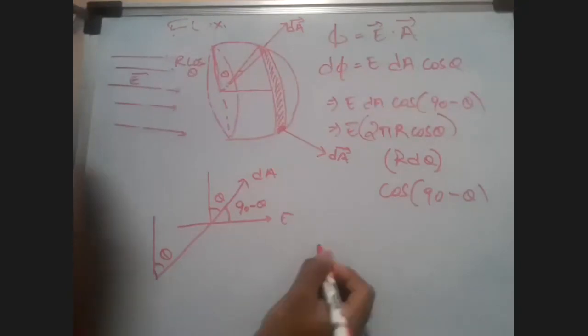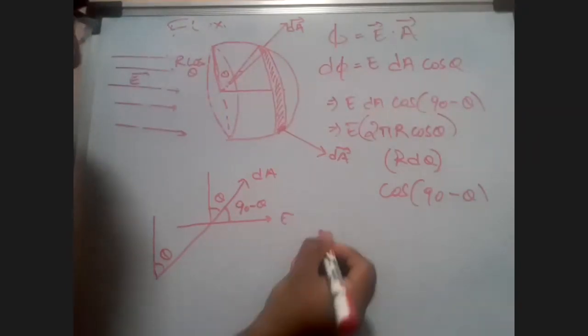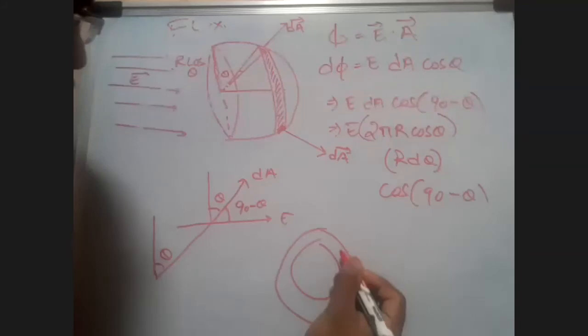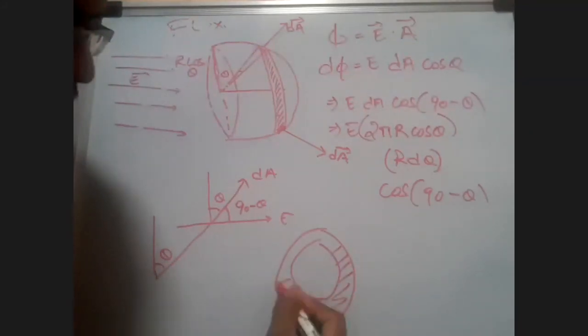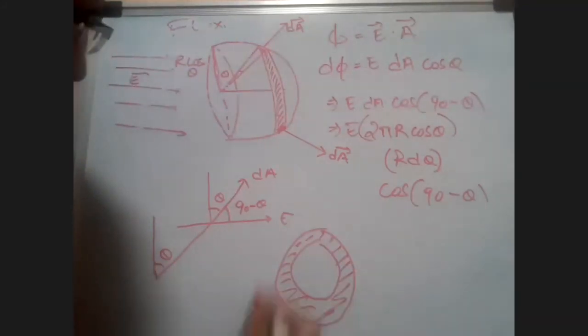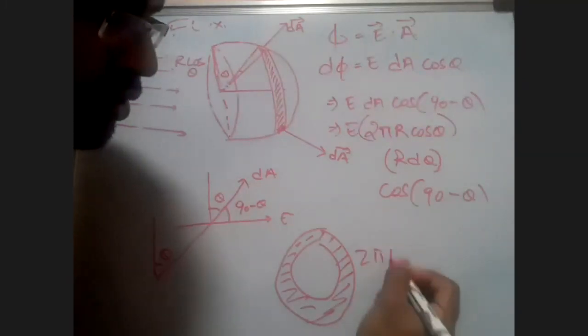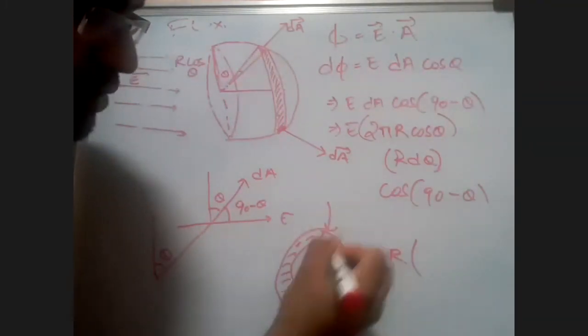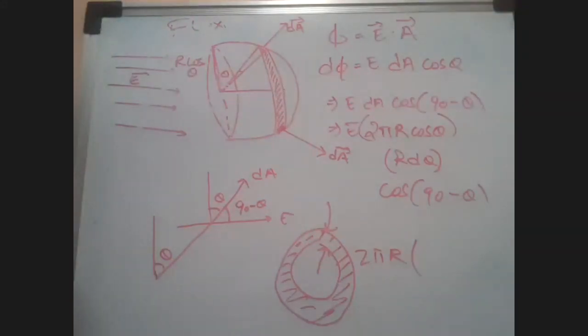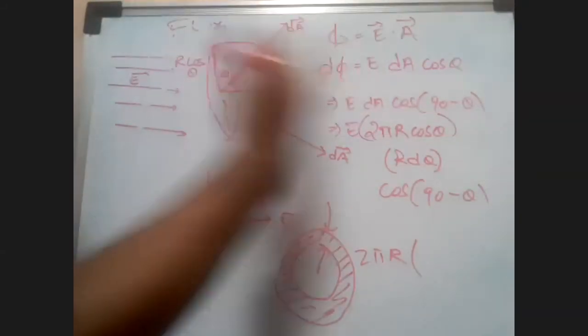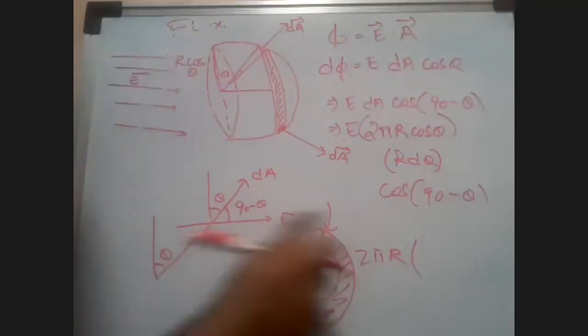Imagine this is a ring, I've taken it like this. How will you find dA? Circumference 2 pi r into the thickness of this ring. You understood this? If this is a ring and I'm looking at it from the top, it's going to be the circumference of the ring.